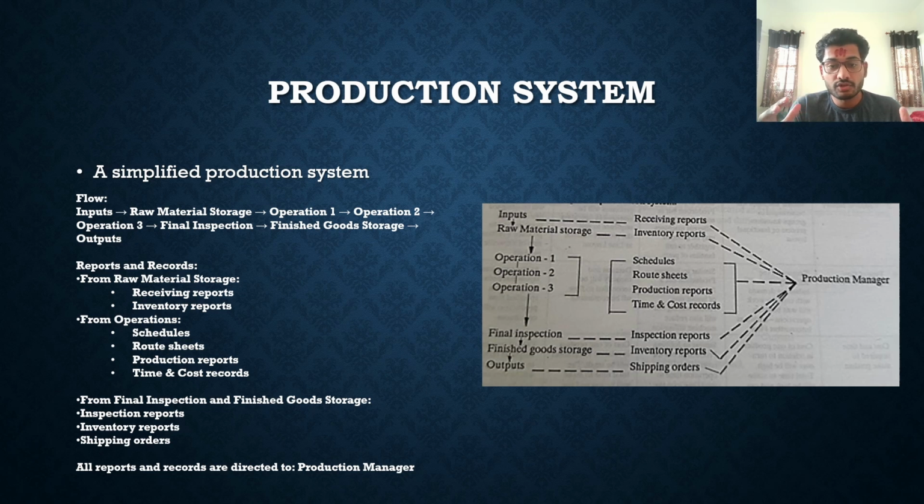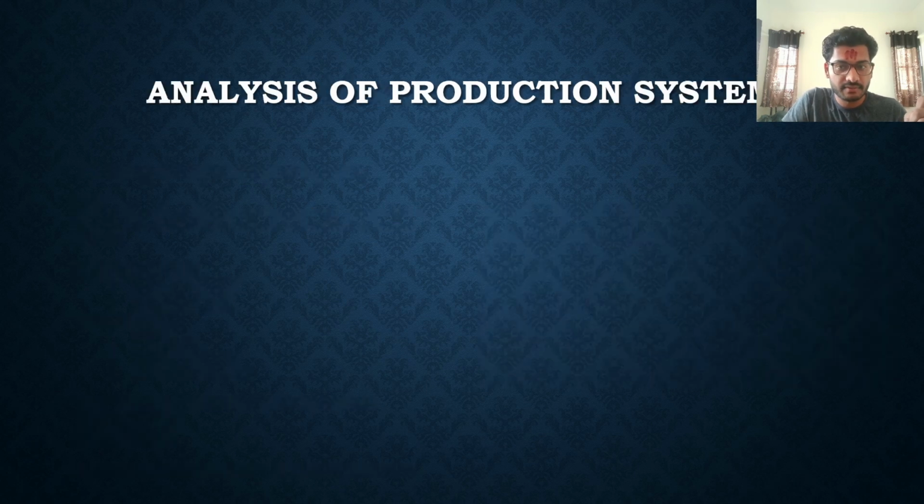At the operations, you have schedules, route sheets, production reports, time and cost records. At final inspection and finished goods storage, you have inspection reports and inventory reports, and at the output you have shipping orders. The great thing about this is that all reports and records are directed to the production manager in your production system. So this is how the production system looks.